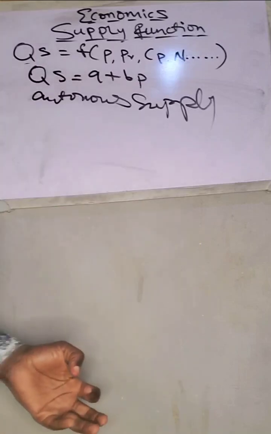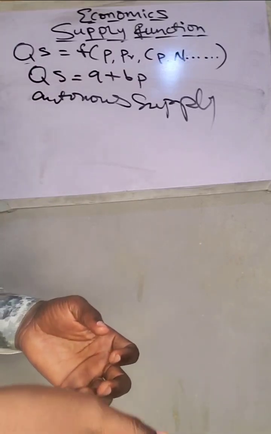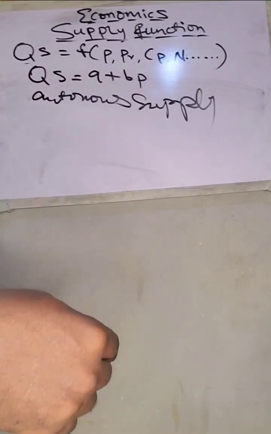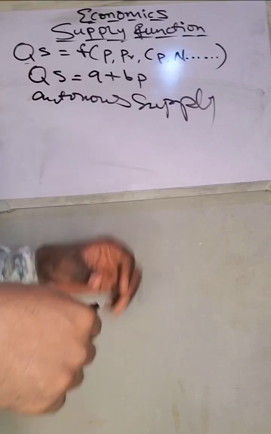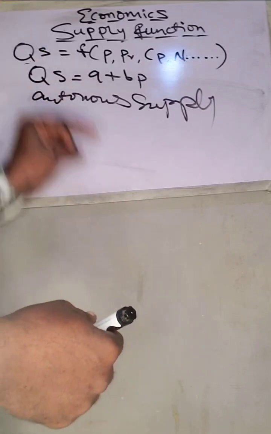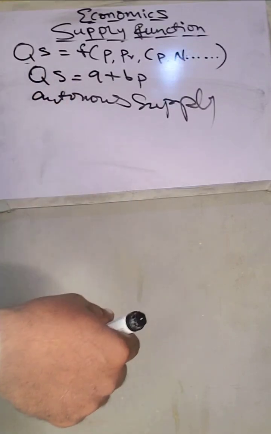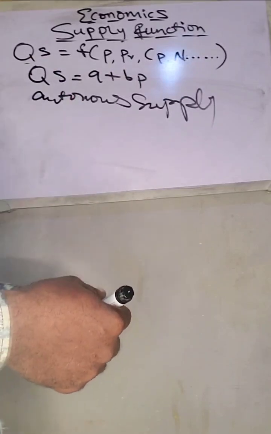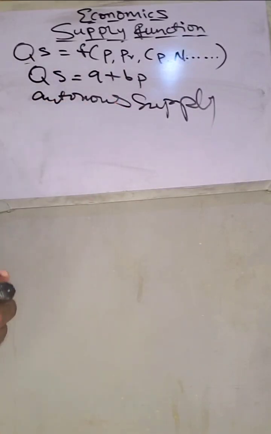Regardless of the current market price, the producer, a manufacturer, must supply, regardless. That's the meaning of autonomous supply.